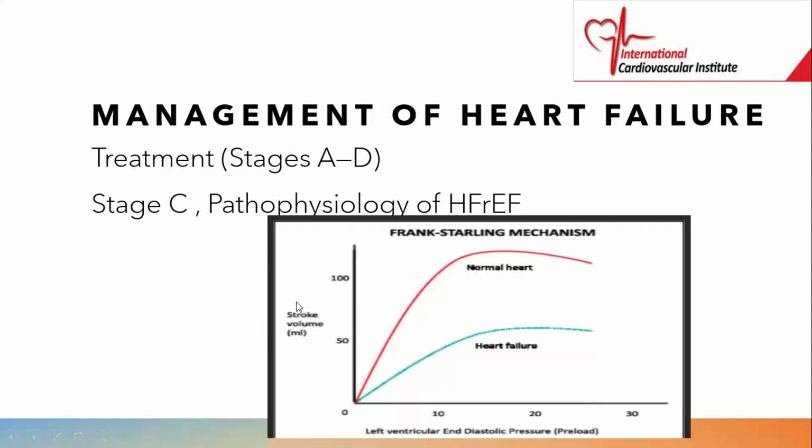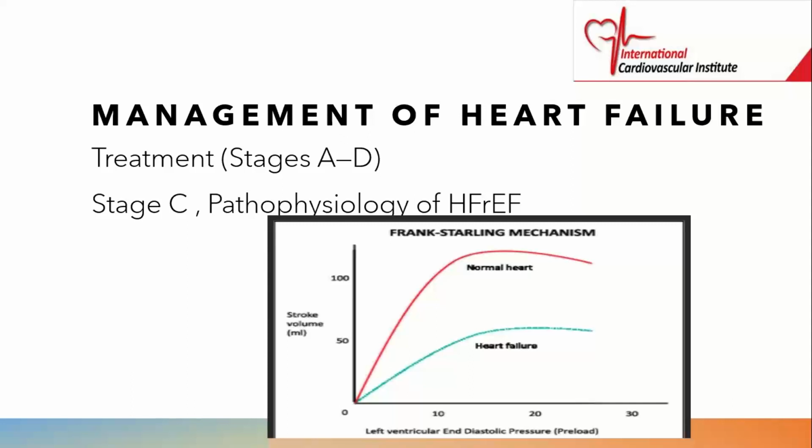So when we plot the stroke volume, the definition of stroke volume is the volume of blood that is pumped out of the left or the right ventricle per beat. One beat would be, in diastole, the left ventricle fills with blood to a certain amount, and then it contracts and pumps the blood out.